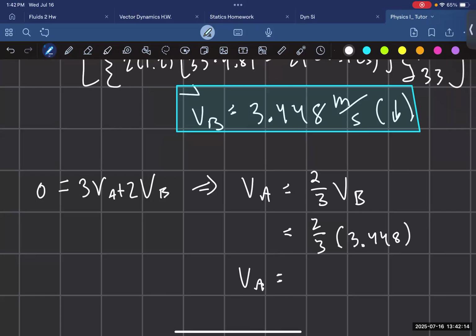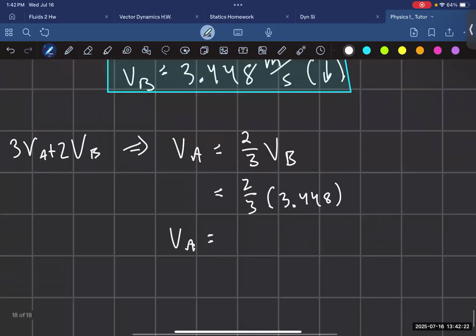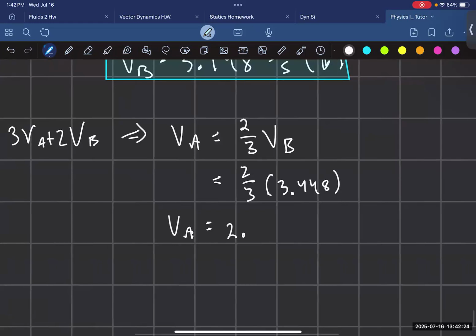So velocity of A is equal to 2.275 meters per second up the hill, right?